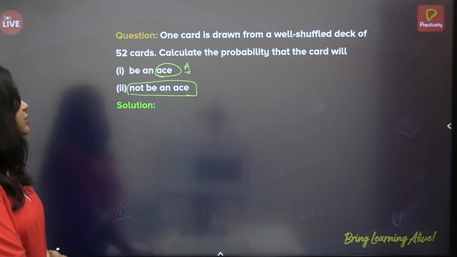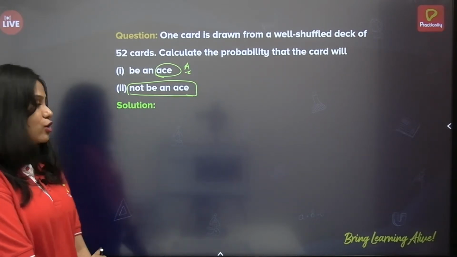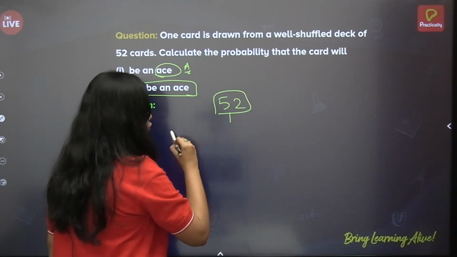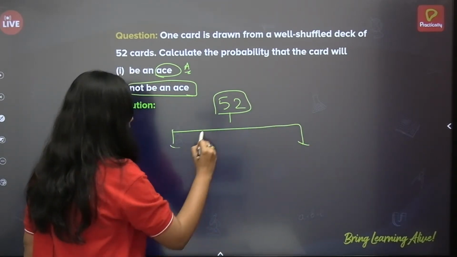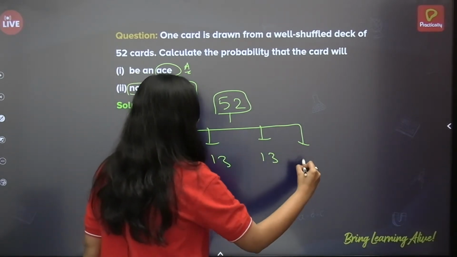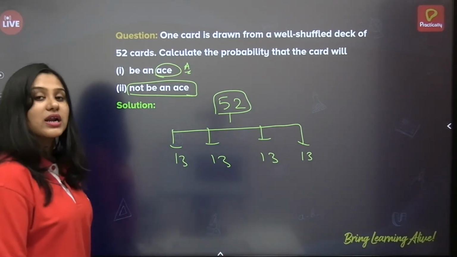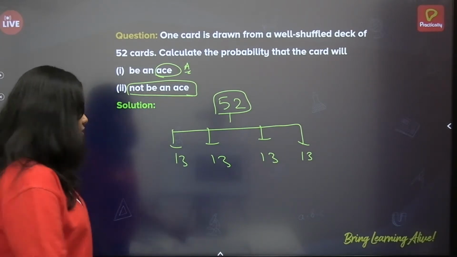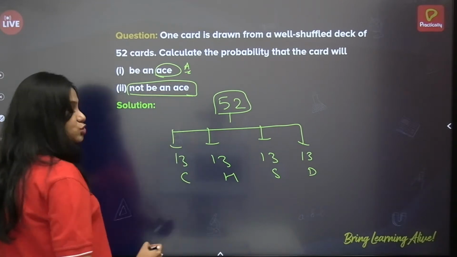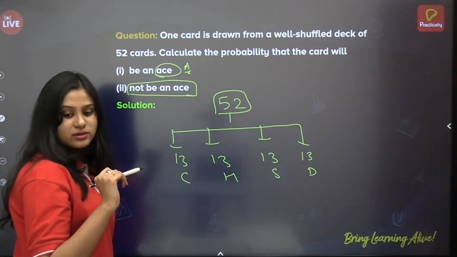One card is drawn from a well-shuffled deck of cards. There are 52 cards, correct? These are divided into 13, 13, 13, 13. What are these? Clubs, hearts, spades, diamonds. In each one there will be one ace card, right?